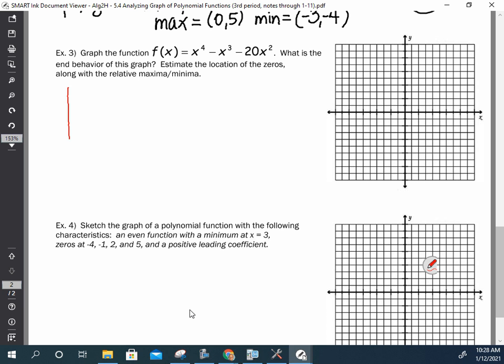So from the table, points to plot: -4, 0, 0, 0, 5, 0. And then we need to make that W-shaped graph.